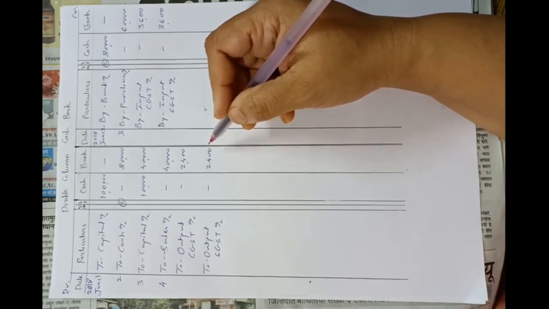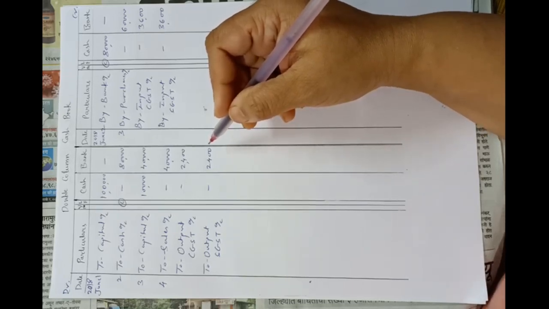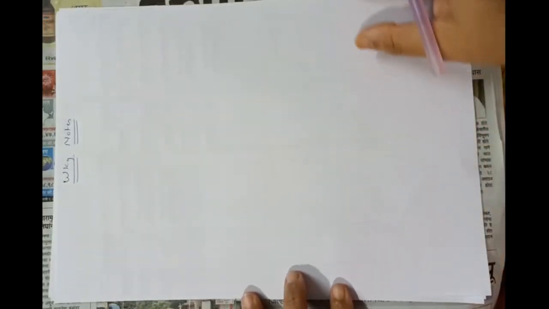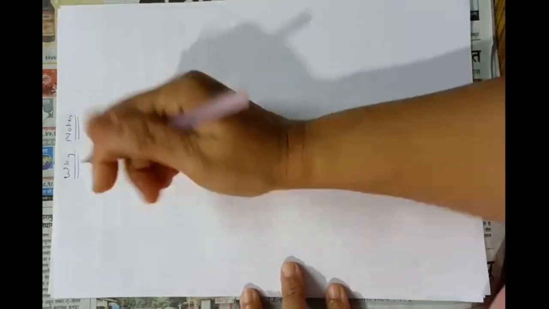Next entry now. On 8th June, sold goods to Ram on credit plus CGST and SGST at 6% each. This is a credit transaction, so we will not enter any entry in cash book on 8th June. But let's calculate the amount receivable from Ram, because it is an entry of goods sold.